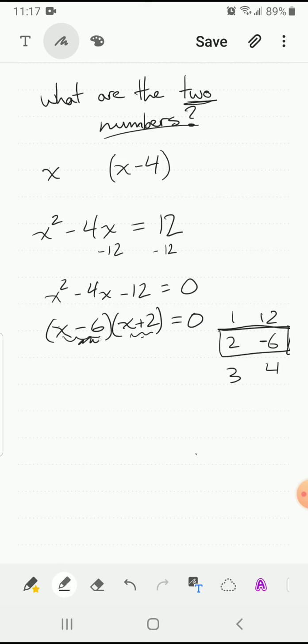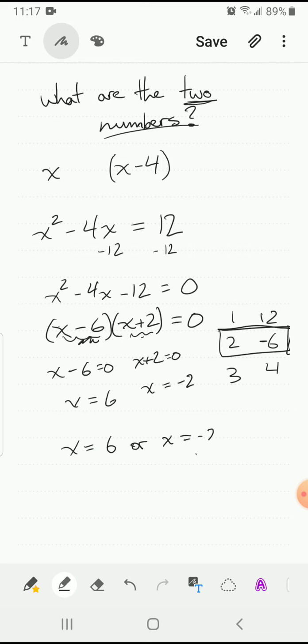So if this piece is 0, that means x minus 6 equals 0, which means that x has to equal 6, right? Because 6 minus 6 is 0. If this piece is 0, that would mean x plus 2 equals 0, which would mean x would have to equal negative 2. So we have x is equal to 6 or x is equal to negative 2.